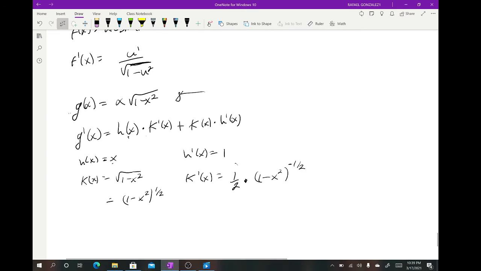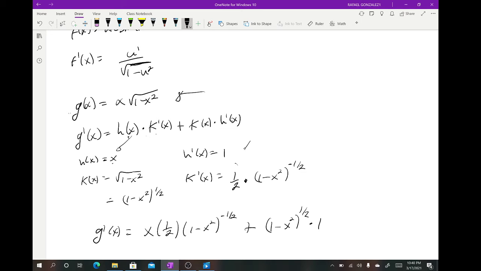Now we have everything we need to write g prime, because that's just h of x, which is x, times the derivative of k of x, which is 1/2 times 1 minus x squared to the minus 1/2, plus, from the formula, k of x, which is 1 minus x squared to the 1/2, times h prime of x, which is just 1.